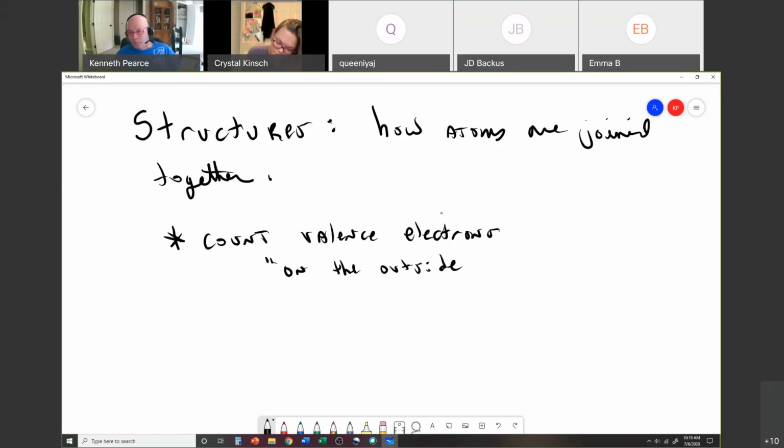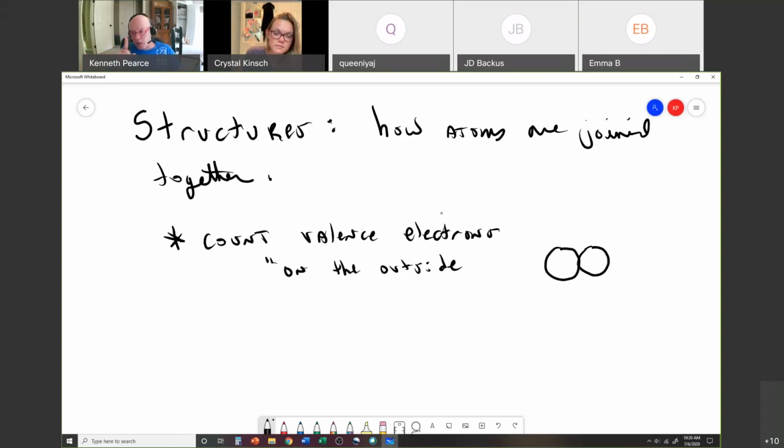If you think about it, we're fixing to put together atoms to make molecules, and what's going to be doing the joining is the things on the outside, because they have to bump up against each other to be able to make bonds, to be able to join up together. So it's the stuff on the outside that matters, kind of like people. It's not the inside really, it's the outside. Same thing with atoms. All they really care about each other is what's on the outside. And that outside is called a valence electron.